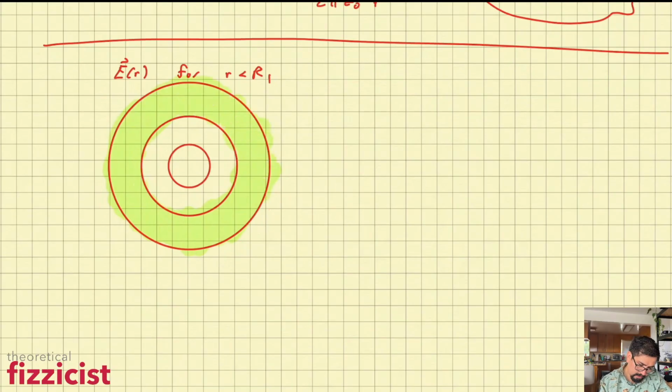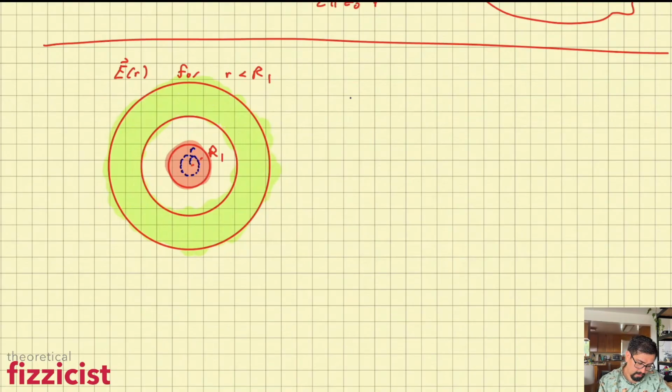Here's our inner insulating rod. Here's our radius, R1. And I want to calculate the electric field for a little r that's within this volume of this insulating rod that has a total charge of plus Q.